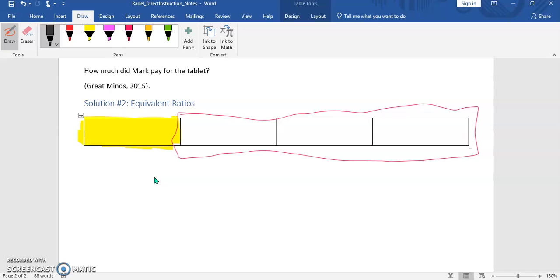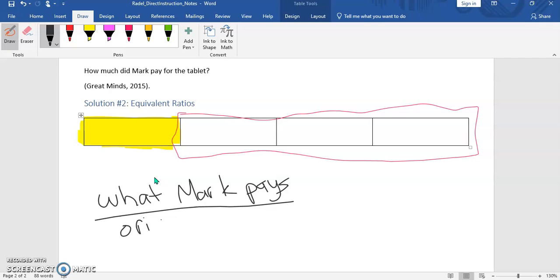So we know that there is a relationship or a ratio between what Mark pays and the original price. We know that if the original price is all 4 parts, so let's put that the original price is all 4 parts, Mark is only going to pay 3 parts. So let's put 3 here.